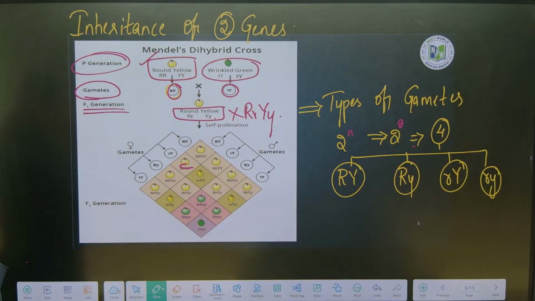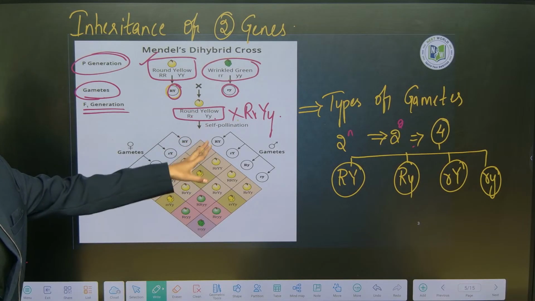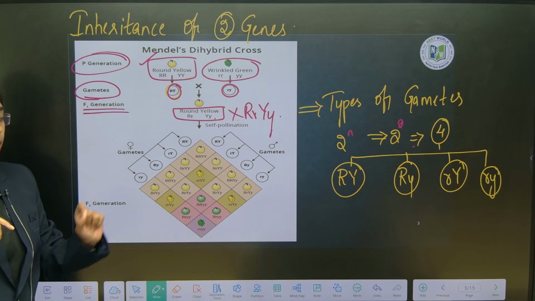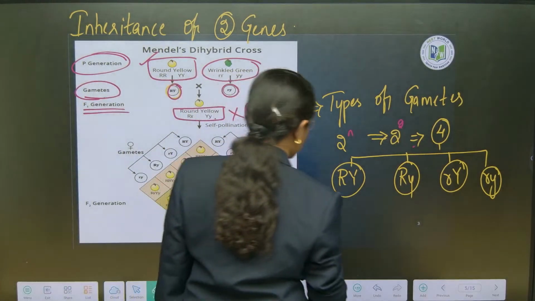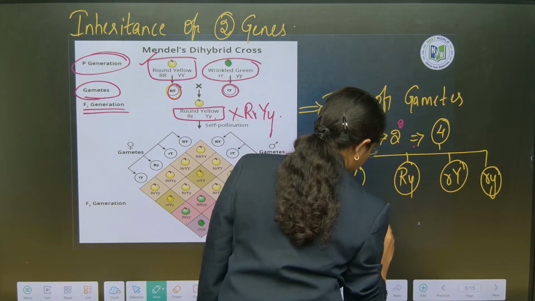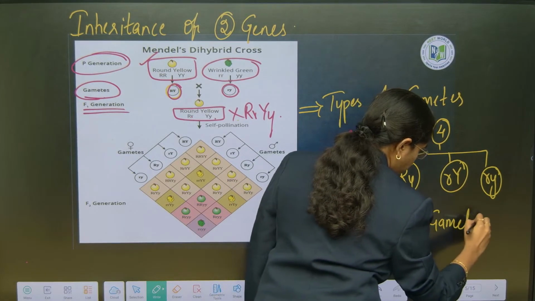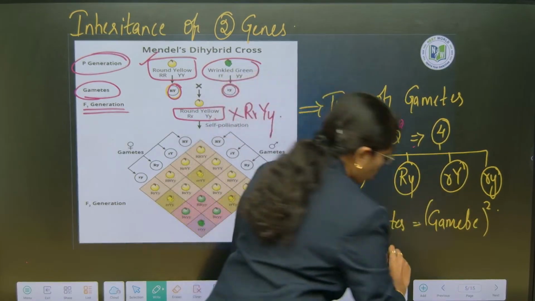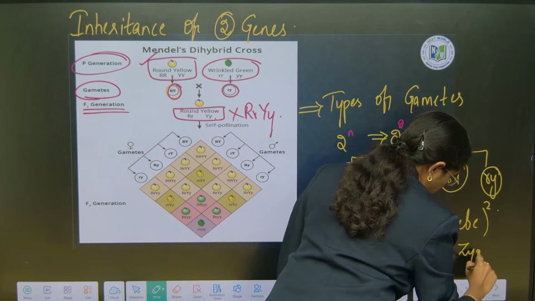And then how many zygotes are formed after crossing between these types of gametes? The number of zygotes formula is gamete square. Take it down parallelly. How many gametes are there? 4 gametes. 4 into 4 is 16. 16 zygotes are formed.